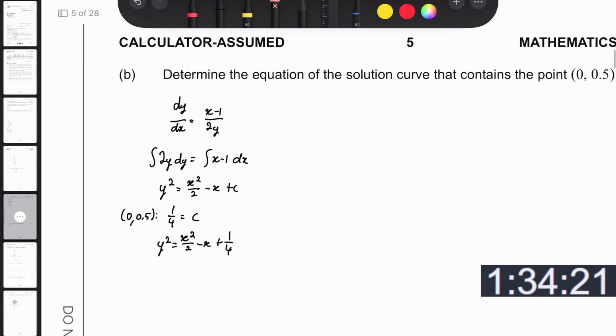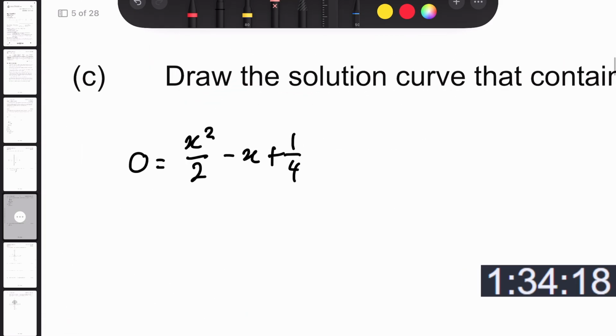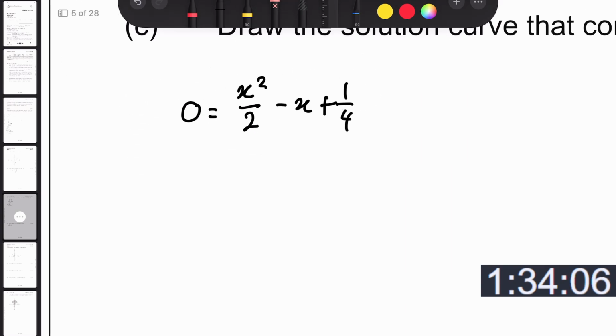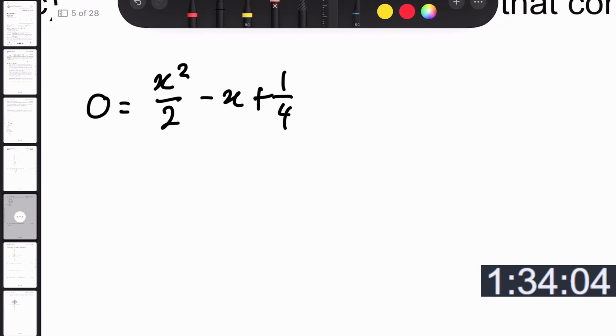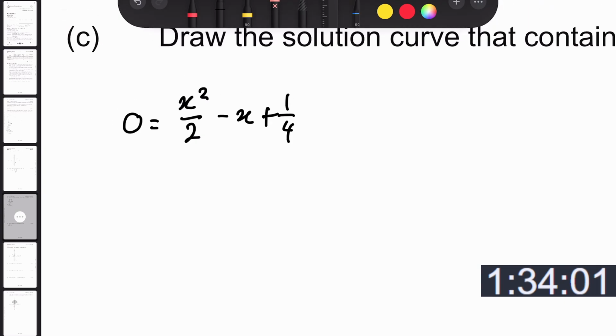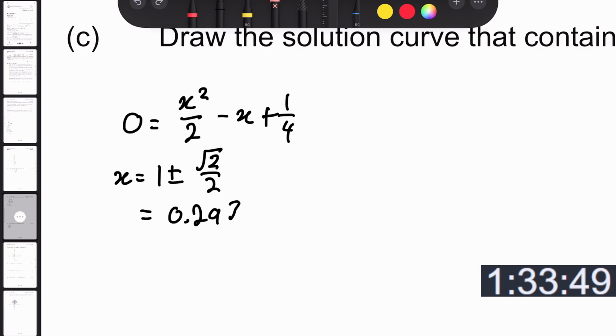Okay, so let's solve this. x squared divided by 2 minus x plus 1 divided by 4 equals 0. x is equal to 1 plus or minus root 2, over 2, which is equal to 0.293 or 1.707.